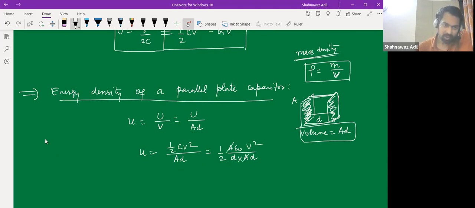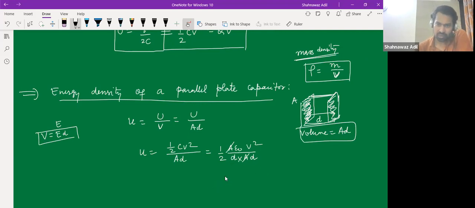And what is potential in terms of electric field? Can you tell me? In the case of air, what is the potential? Clear? Yes.